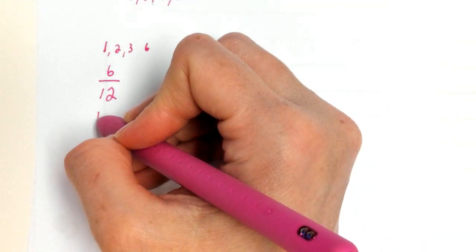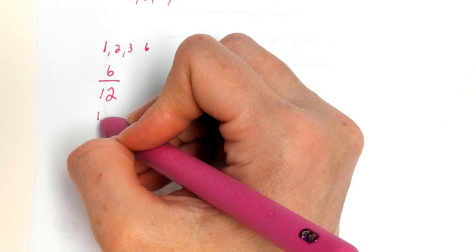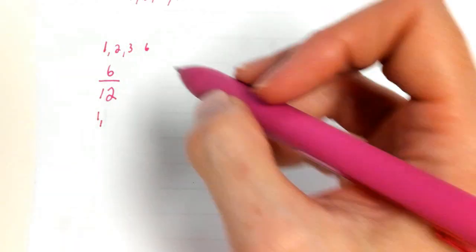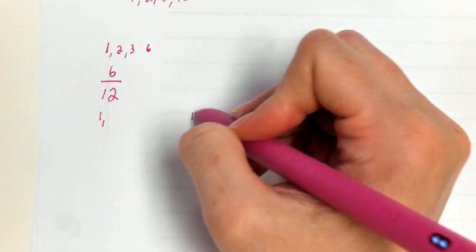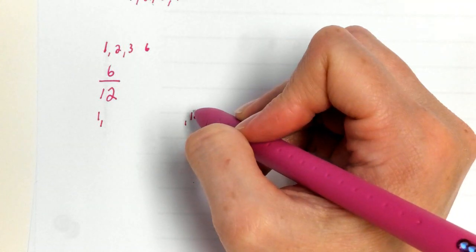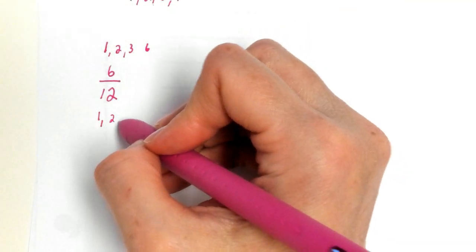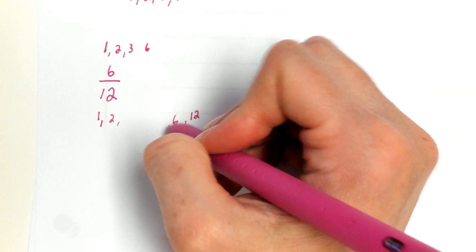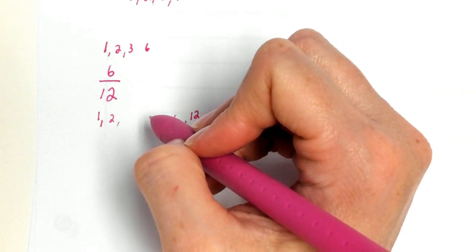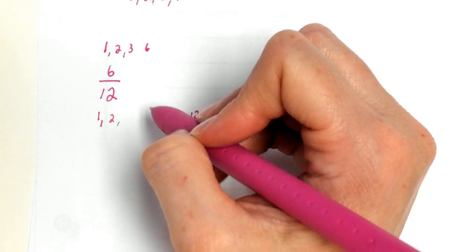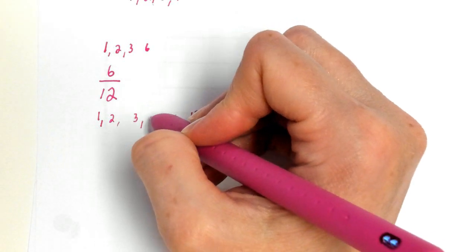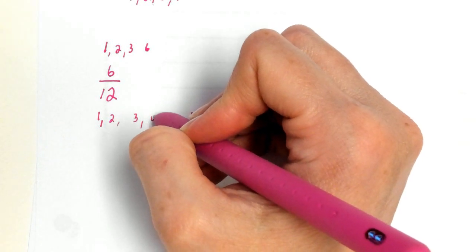All right. What numbers can I multiply together to get to 12? Jeremiah, 1 times 12. 2 times 6. And 3 times what? 4. Okay.